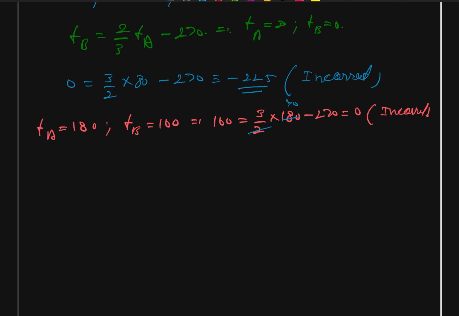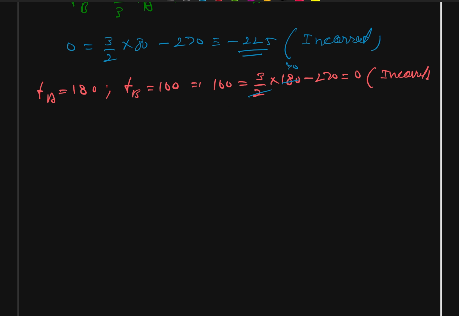And next option, that is our TB upon 180 is equal to TA minus 40 divided by 100. So from here we get our TB is equal to 9 by 5 times TA minus 72.